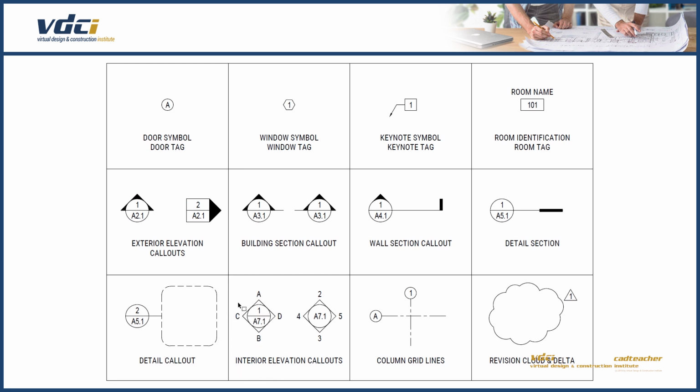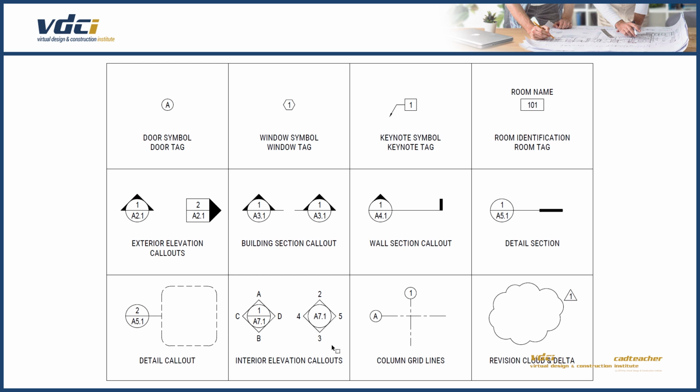At the corners of the diamond, we will have either letters or numbers, and in this case, these represent drawings 1A, 1B, 1C, and 1D that are found on sheet A7.1. You can see here something similar where these reference drawings 2, 3, 4, and 5 on sheet A7.1. If they are all filled in, then all views are being referenced, and you may see some plans where none of these are filled in.